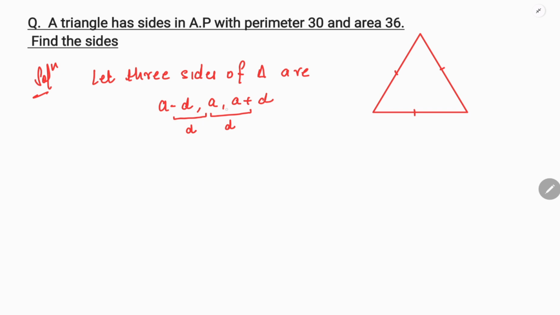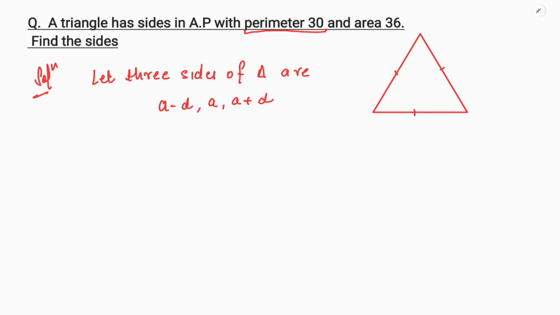Because when we add them, the d will cancel out, right? This is why we take them in this order. These terms also have the same difference, so they are in AP. But when we are given the perimeter, we will have to add all the sides, right? Okay, so let us proceed with this question.